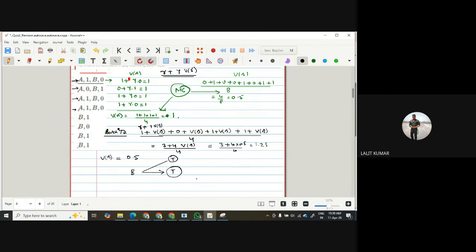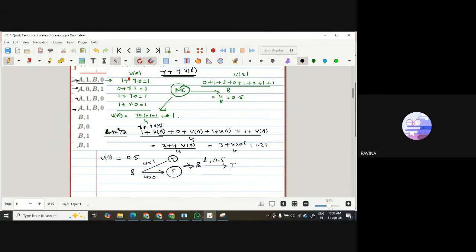In 4 times we are getting 1 reward, and 4 times we are getting 0 reward. So probability will be 1, because in all conditions B is going to terminal. So this can be represented as B to T, probability is 1 and reward is 0.5. We can write it like this.